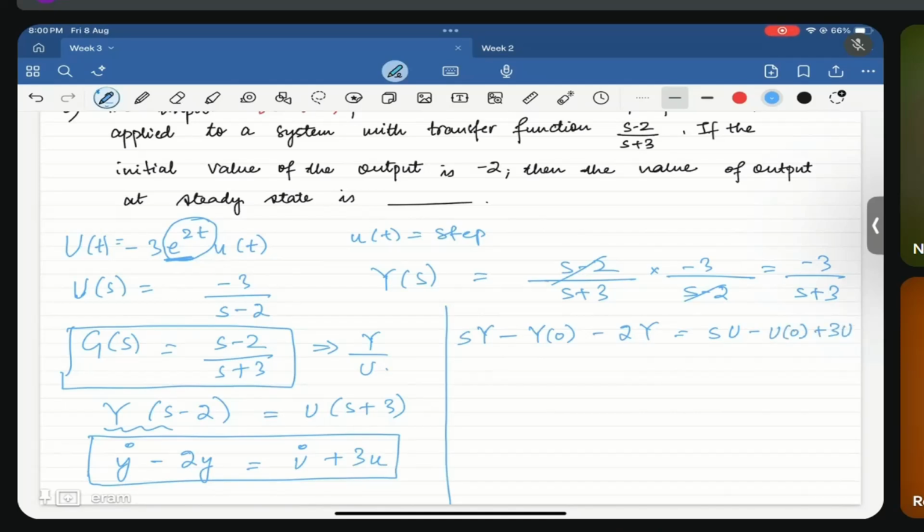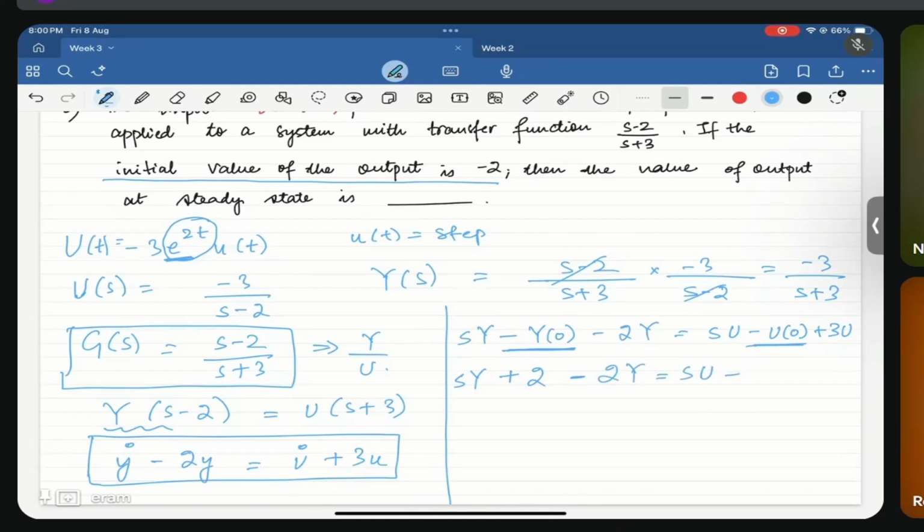Okay, we have considered that because in the question it was saying that the initial value of output is -2, so y was not 0 at t equals 0, so that's why we have considered the initial values also. Okay, so in the question it is given that y0 is -2, so we will put y0 as -2, so this will be +2 -2Y.